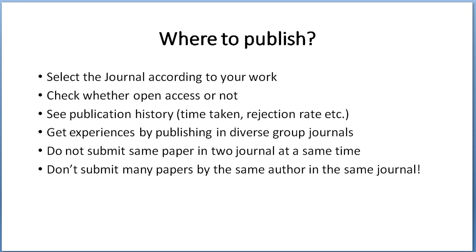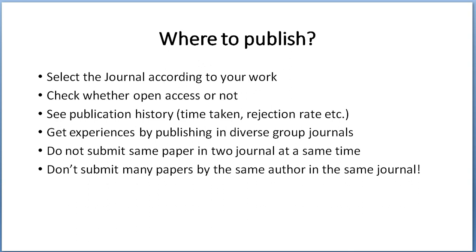So this is again one of the most important parts of your review paper. You should use one simple pattern to write your references. The style of writing references is according to the journal that you have selected for publishing your review article.